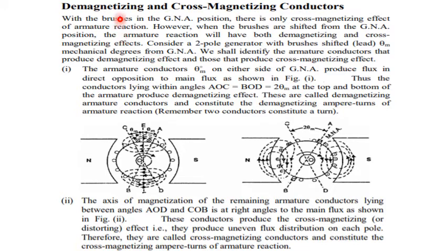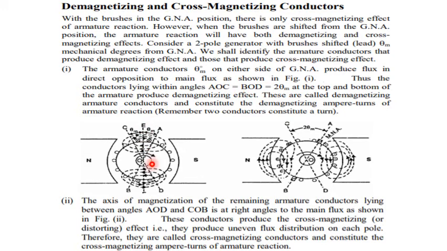So these are the demagnetizing and cross-magnetizing conductors. The conductors which are influenced by the effects of cross-magnetization and demagnetization are called demagnetizing and cross-magnetizing conductors. With the brushes in the GNA position, only the cross-magnetizing effect will be observed in the armature reaction.